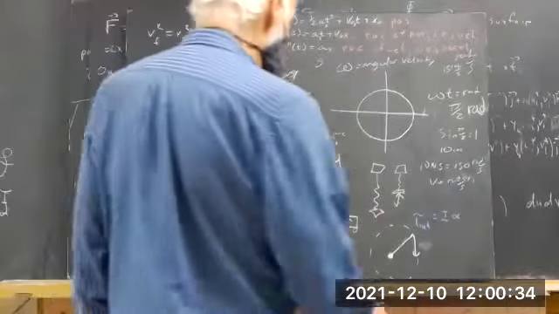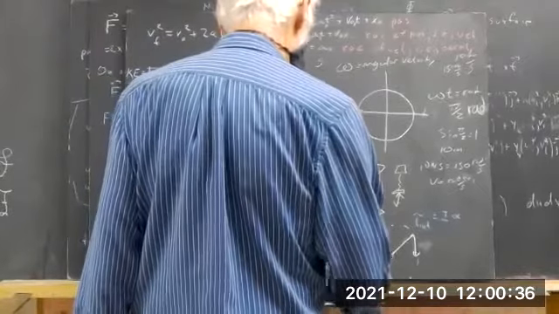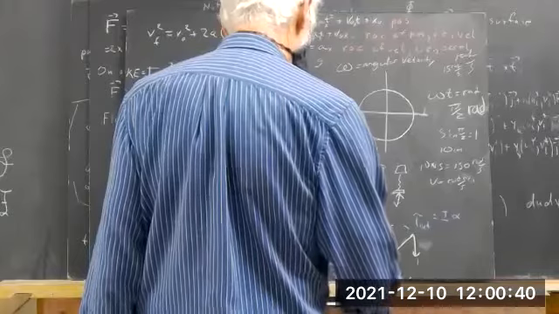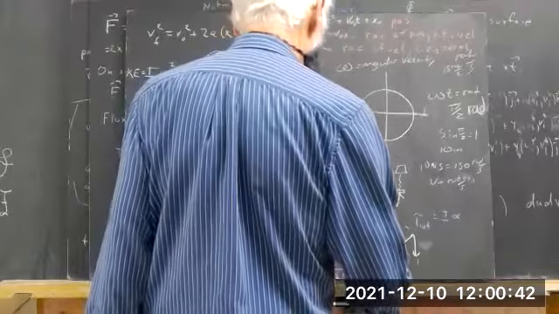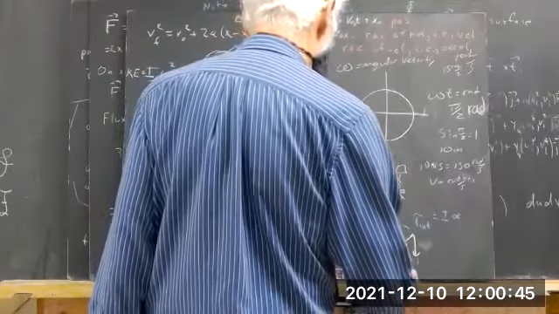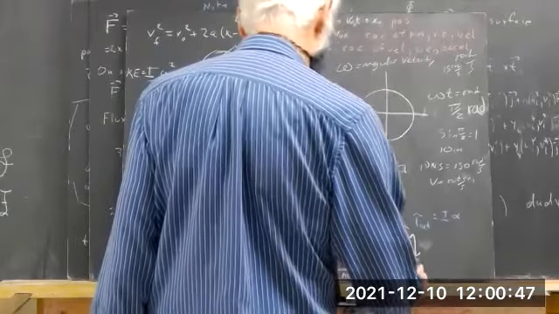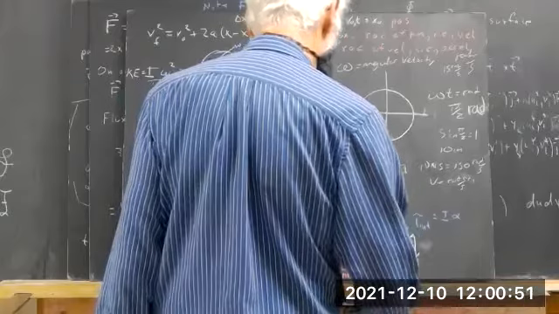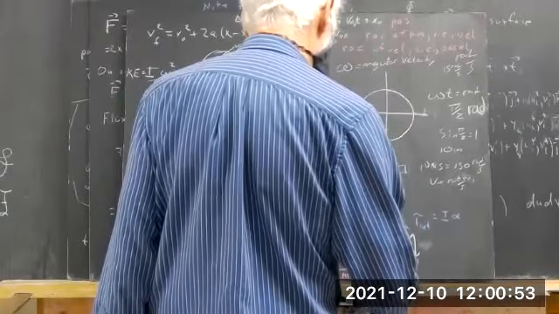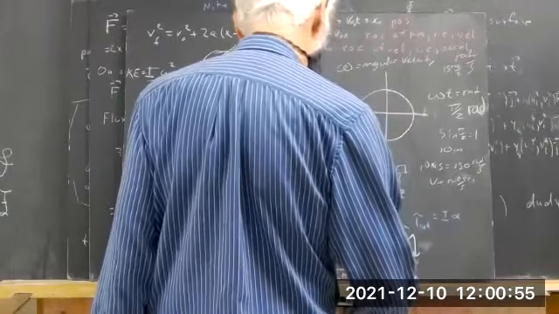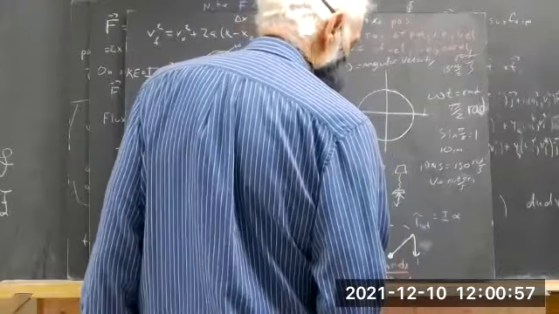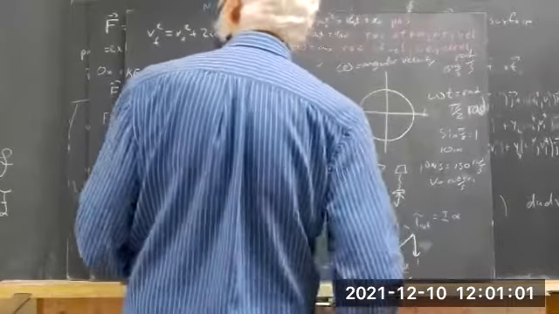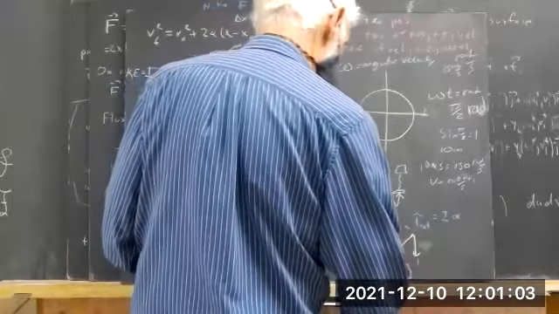Here's your sum of MiRi over the sum of your Mi, and that approaches the integral of R dm over the integral of dm. We don't have a lot of time.